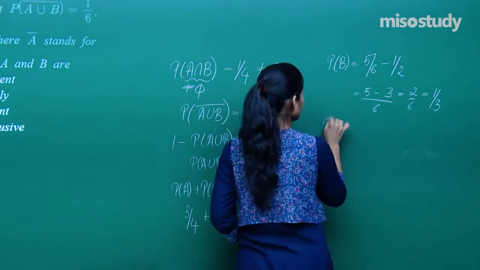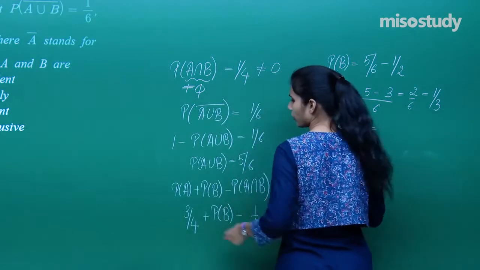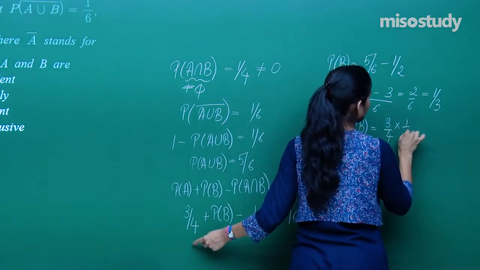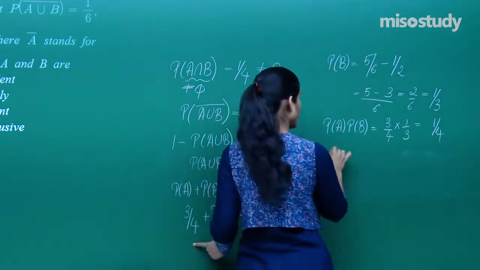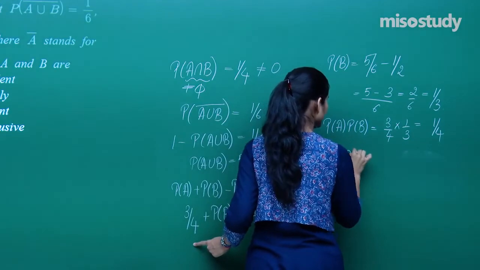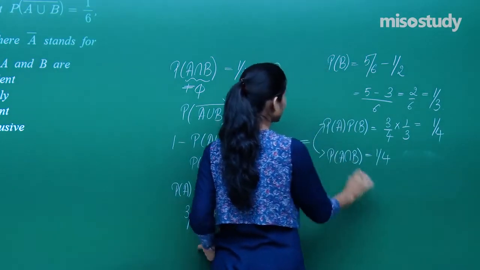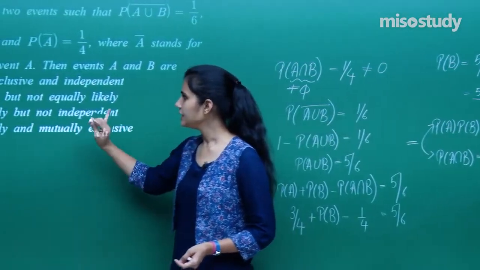And now, probability of A into probability of B: probability of A is 3 by 4 into 1 by 3, that is 1 by 4, and probability of A intersection B is already given to you as 1 by 4. So, these both are equal to each other, which means that the events are independent.